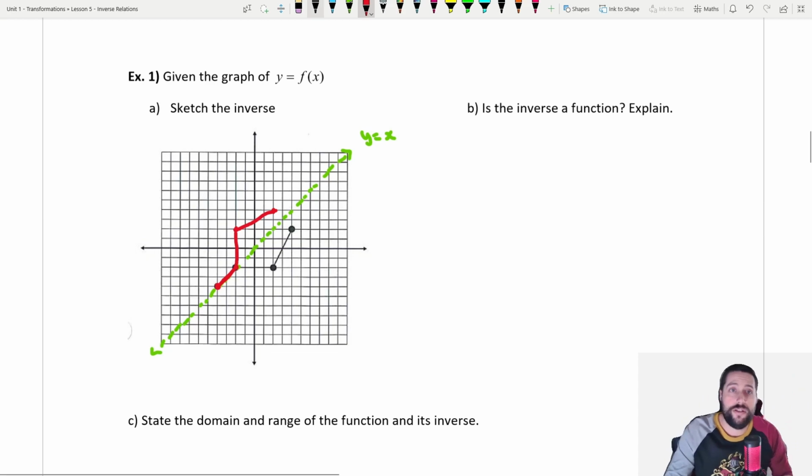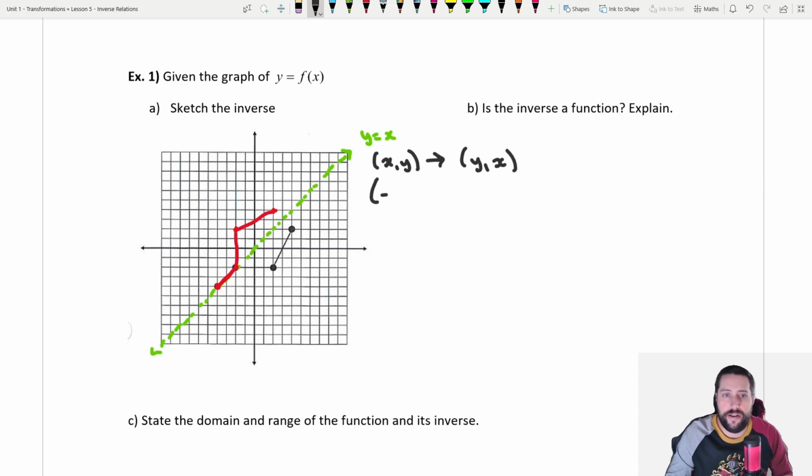Again, we can actually map this out, x and then y. We had -4, -4. We had -2, -2. We had 2 and -2, and then we had 4 and 2.